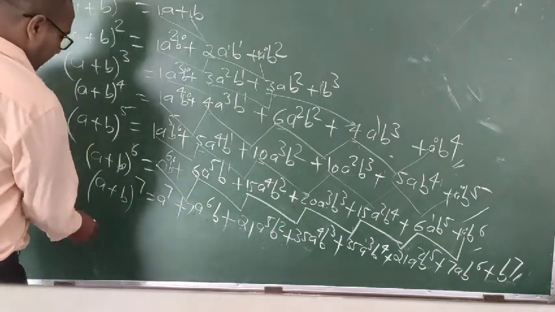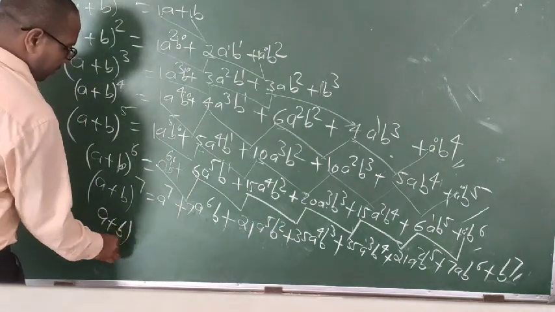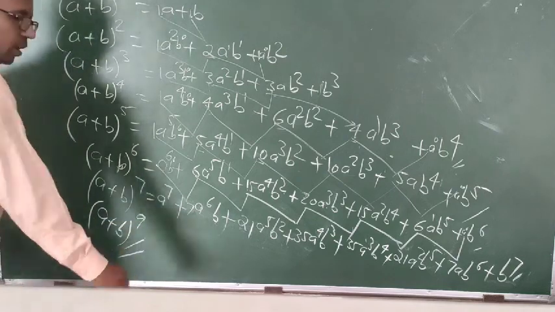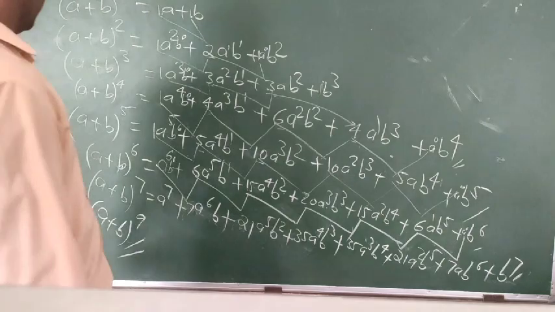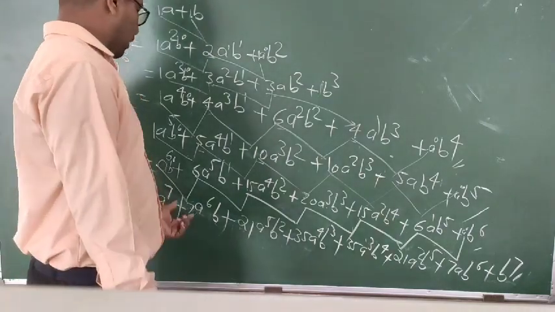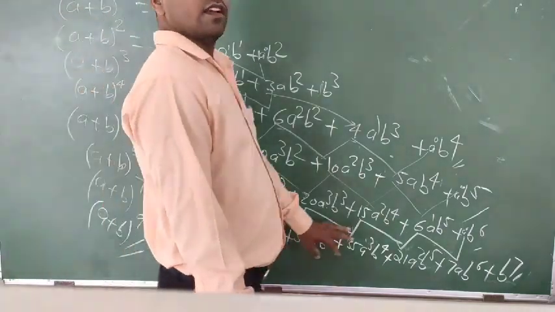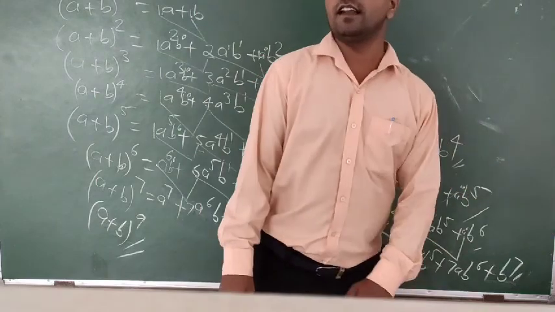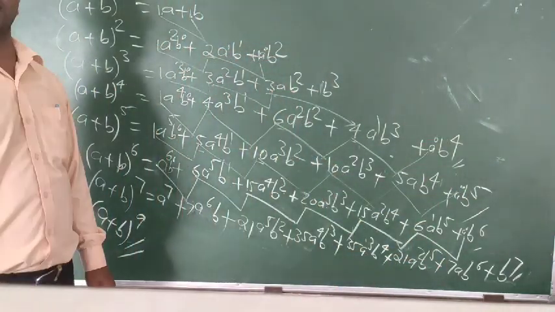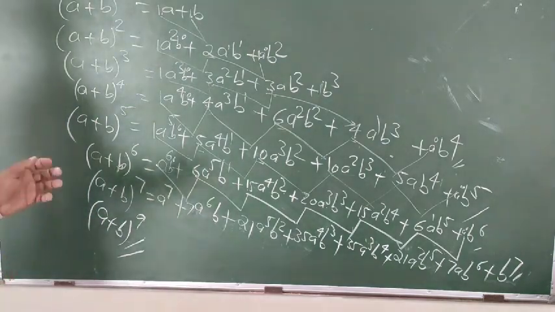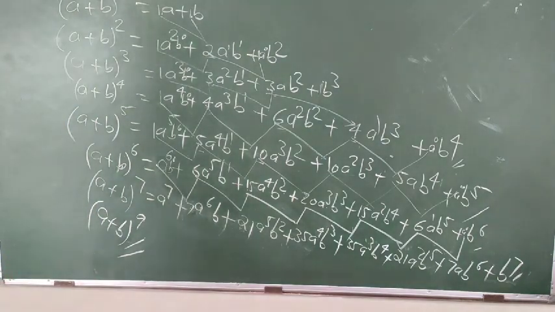Just I am asking you (a + b) to the power 9. How will you get it here? You are not knowing (a + b) to the power 8. So this is the drawback, the limitation of this expression. So we will use Pascal's triangle. We will see that also. After that, we will come to combinations.